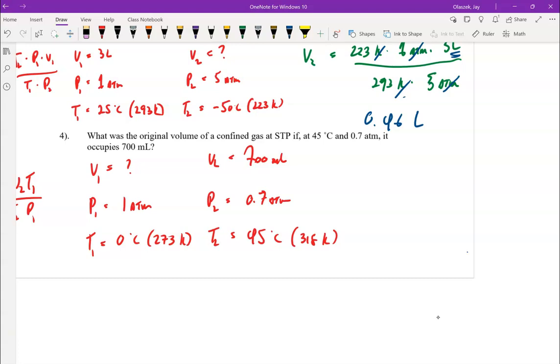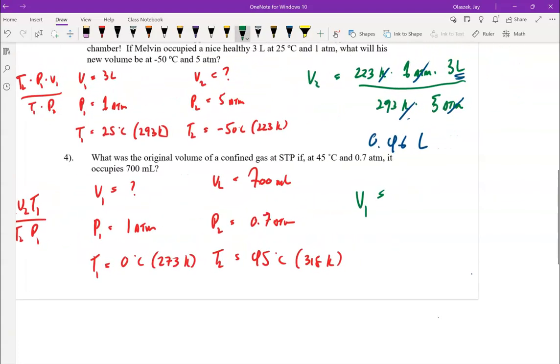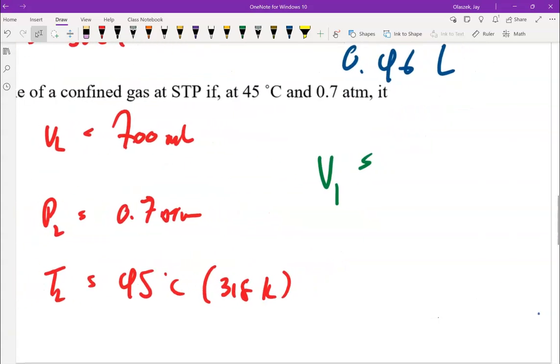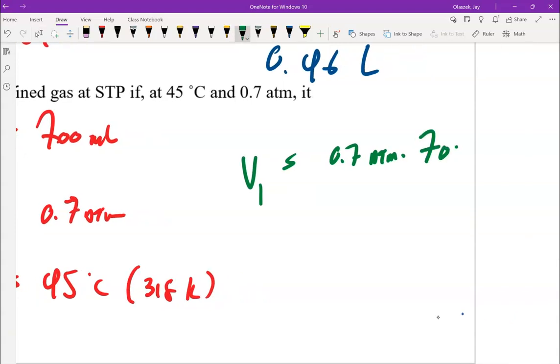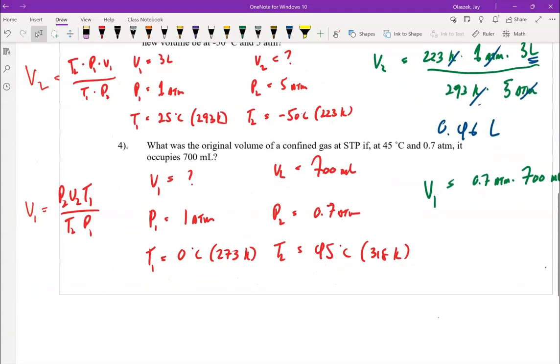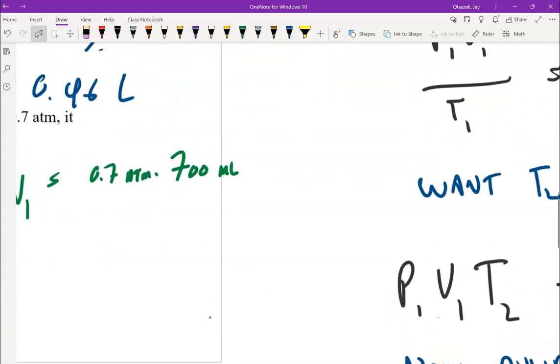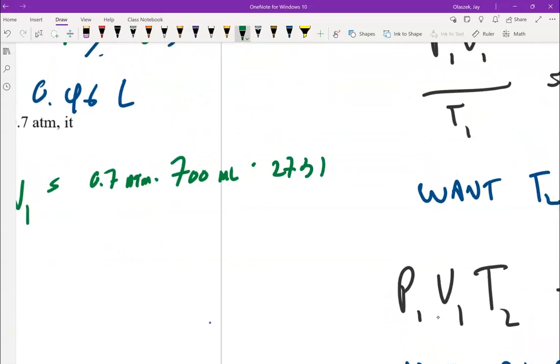We're solving for V1. We'll say P2 times V2. P2 is 0.7 atmospheres times V2, which is 700 milliliters. You're going to say, do we have to get that into liters? You'll find out in a little bit. We're also going to multiply that by T1, which we're going to say is 273 kelvins.